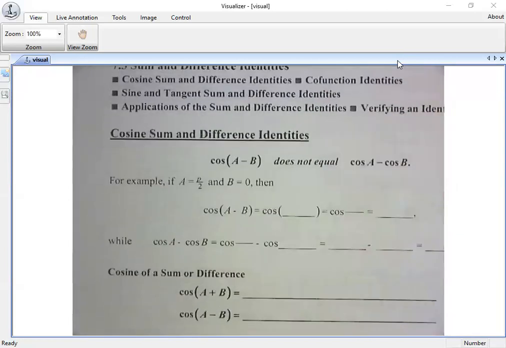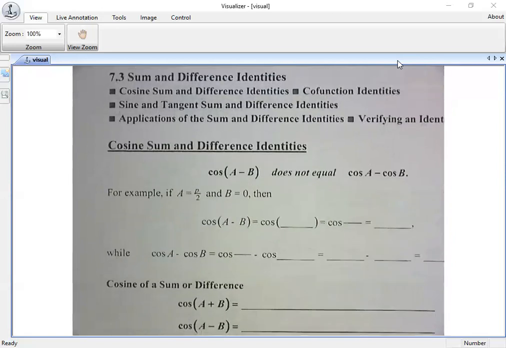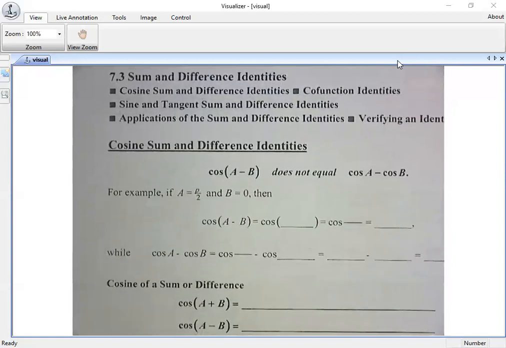We've got other types of identities that we need to practice, and we're going to start with sum and difference identities, okay? Now, in order to use these, there's one thing you have to recognize.